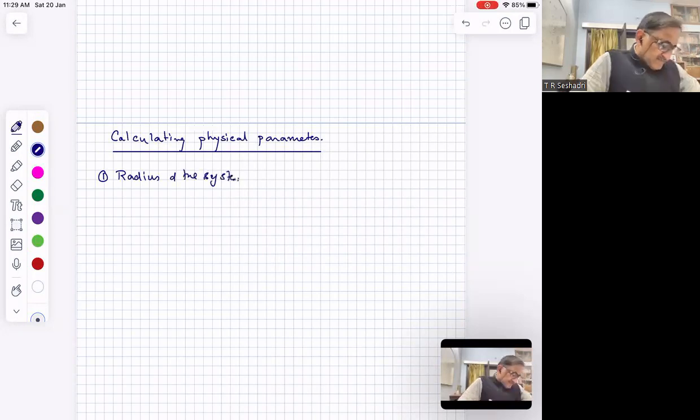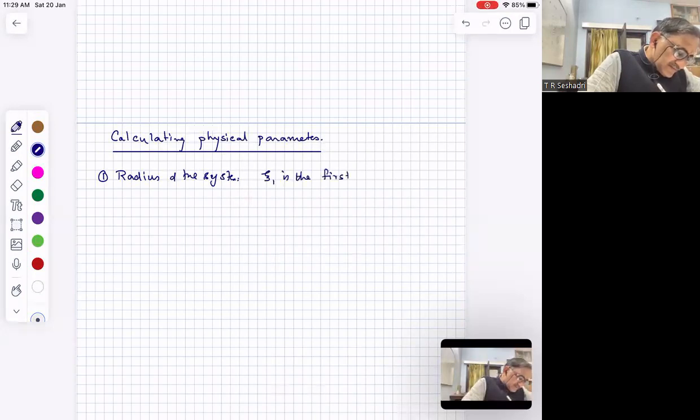Here what we will do is, we will say that xi1 is the first zero of theta versus xi for any n.